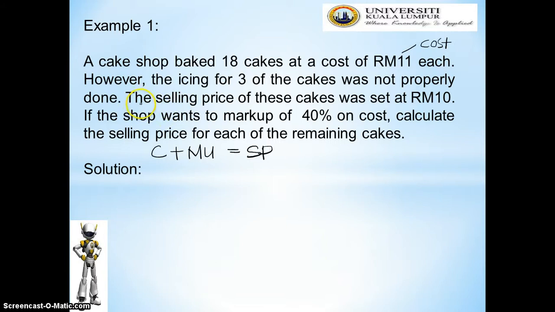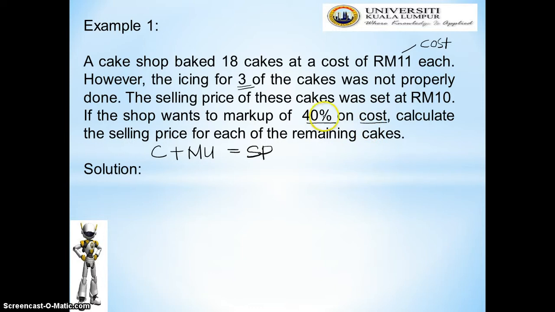Then the selling price of these cakes was set at 10 ringgit. So the 3 cakes which are improper, we have to sell at 10 ringgit. If the shop wants a markup of 40% on cost, calculate the price for each of the remaining cakes.